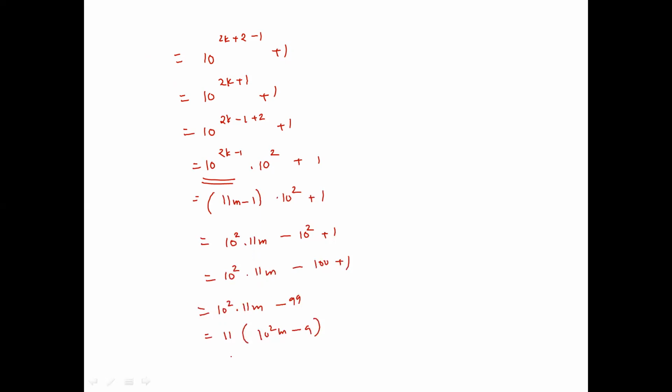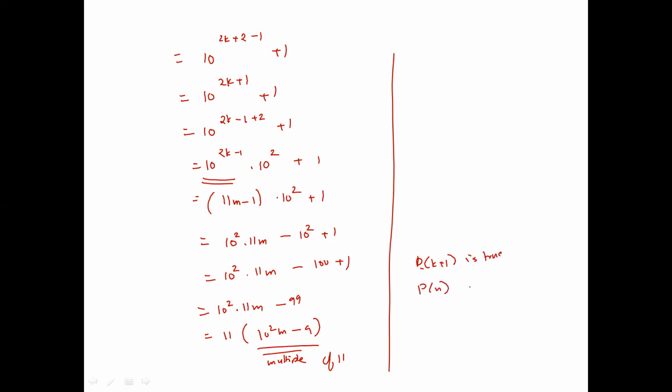So here I can say it is a multiple of 11. So I can say P of k plus 1 is true. P of n is also true by the principle of mathematical induction for all natural numbers.